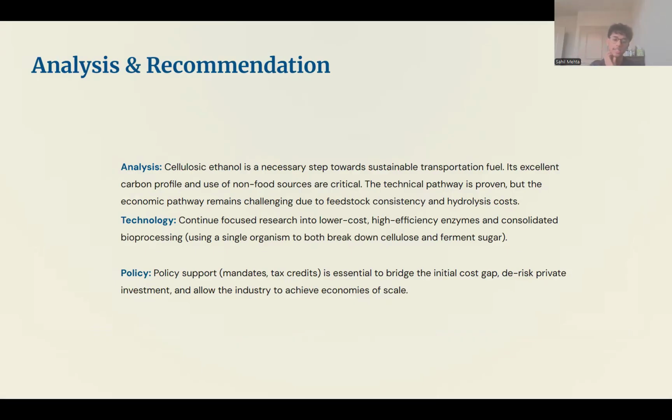So my analysis is that cellulosic ethanol is a great step towards creating a sustainable source of energy. However, I believe that the costs will have to be reduced for almost any company or people in general to think that it's worth using compared to normal gasoline or other normal fossil fuel energy sources.